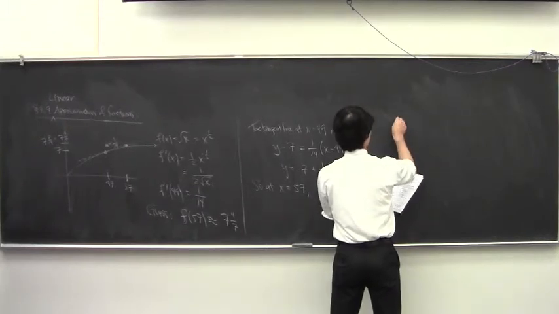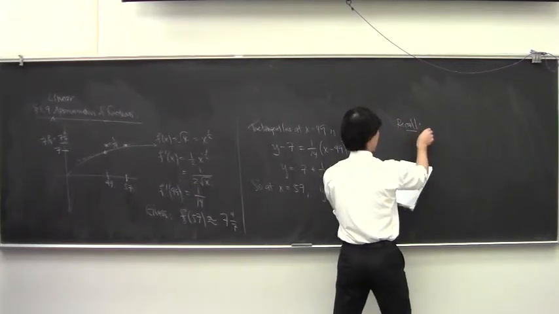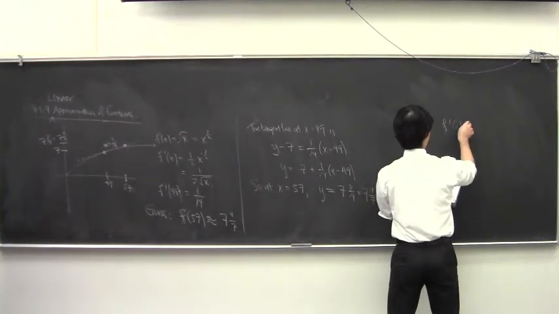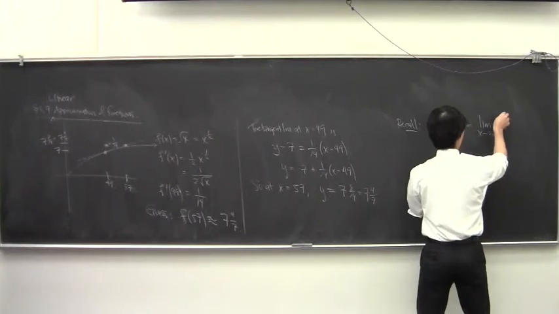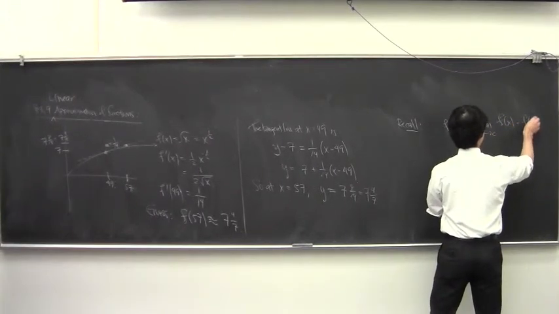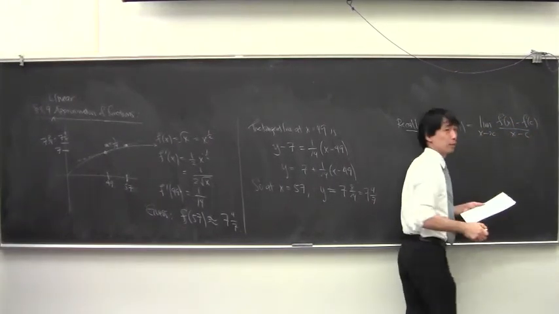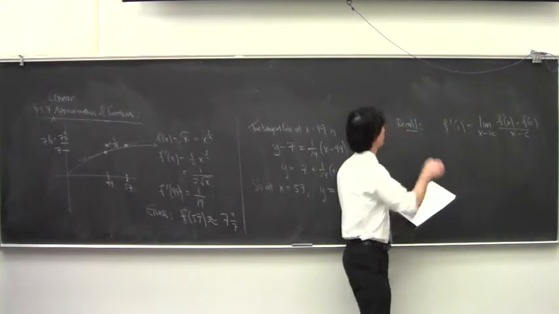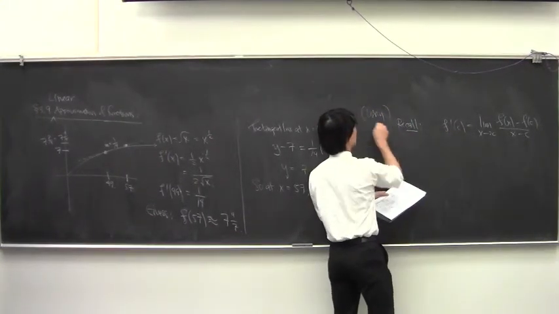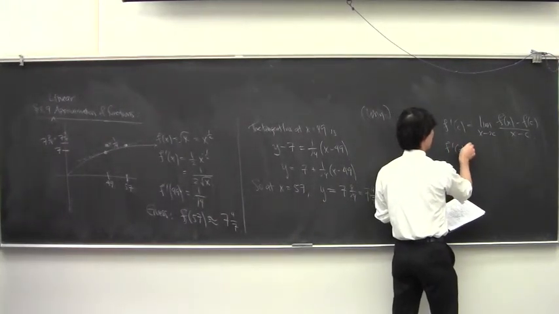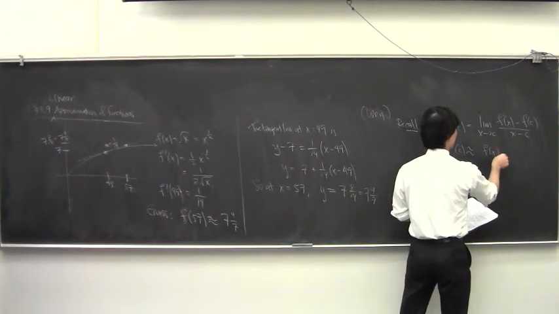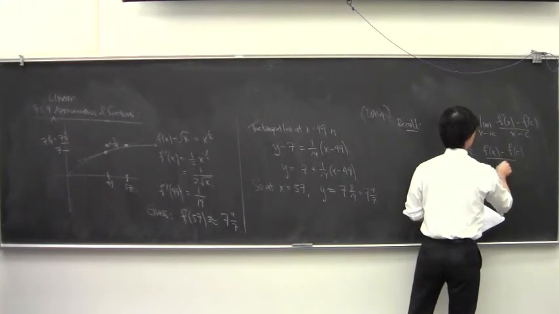Of course, this is something that we mentioned earlier, right? f prime c is the limit as x goes to c of f of x minus f of c over x minus c, right? So f prime c is basically f of x minus f of c over x minus c.